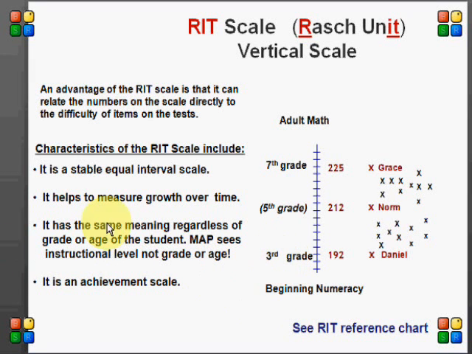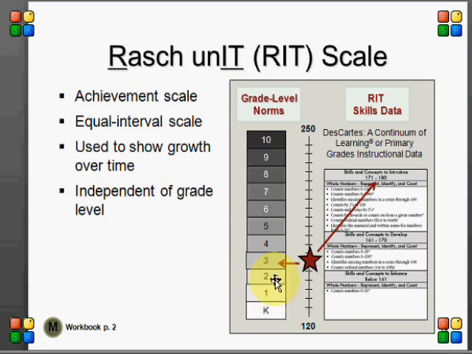As I was saying, the great thing is that if we look at the RIT scale, it is this continuous scale of measurement, and you get a look at the range of what the unit values are and what the value is at each grade level. So in other words, in 3rd grade, you should be around this level.